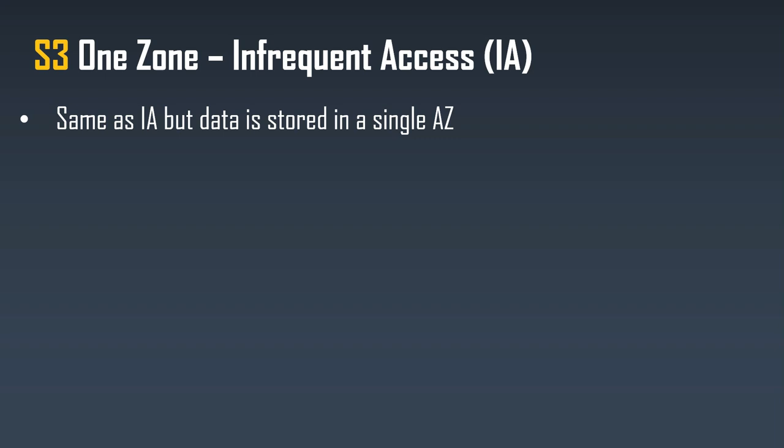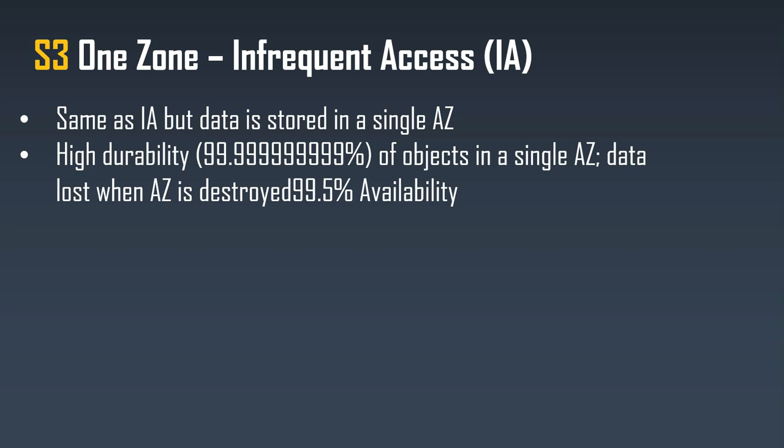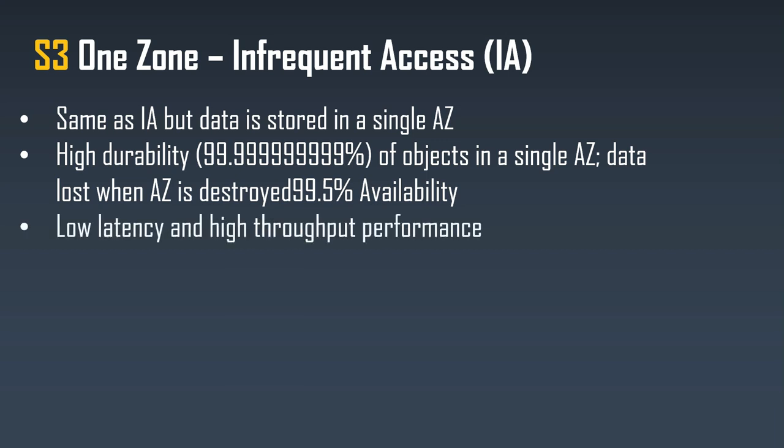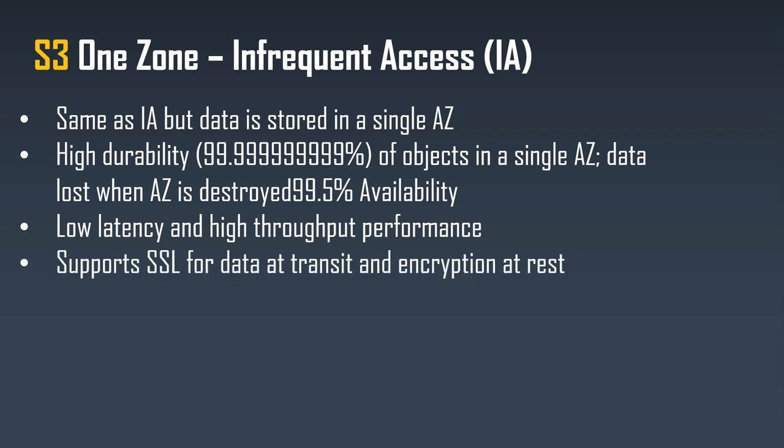So we have the same durability within the single AZ, but if that AZ is destroyed, imagine an explosion or something like this, then you would lose your data. You have less availability, 99.5%, and you still have the low latency and high throughput performance you would expect from S3. It supports SSL for encryption in transit and is lower cost compared to infrequent access by about 20%.